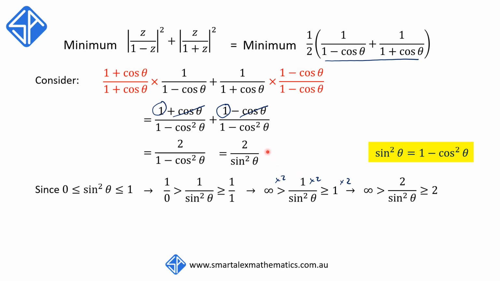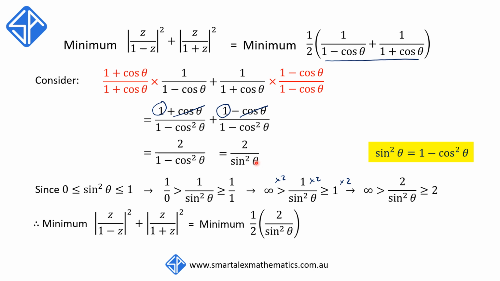This means that this expression will always be greater than or equal to 2. So the minimum value of this expression is going to be equal to 2. So now we've got that the minimum value of this expression is equal to the minimum of a half times 2 over sine squared theta, but we've established that the minimum value of this expression is 2. So simplifying this, we're going to get the minimum value of this entire expression being equal to 1.